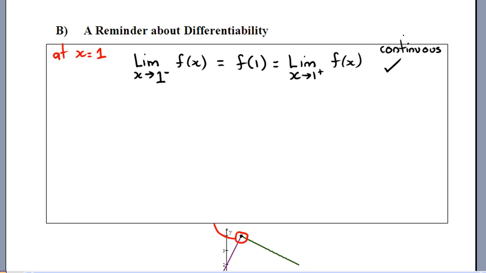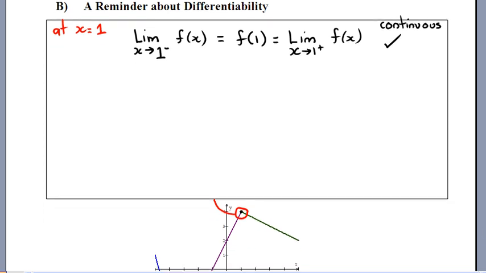Okay, now let's talk about the derivative. Let's talk about the slope just before and just after that point. It doesn't look to me like they're the same. In fact, they're not. The slope of this purple line is 2. And the slope of this green line as it wanders away is -1/2. And so if somebody was to ask you, hey, what about doing a limit and thinking about a calculation of the slope, with that Newton's limit?